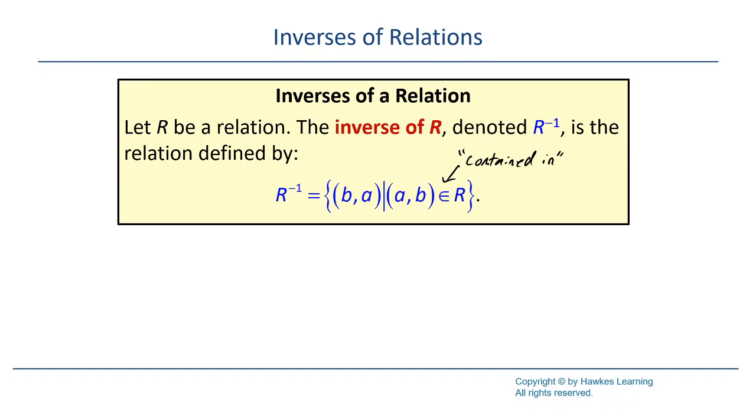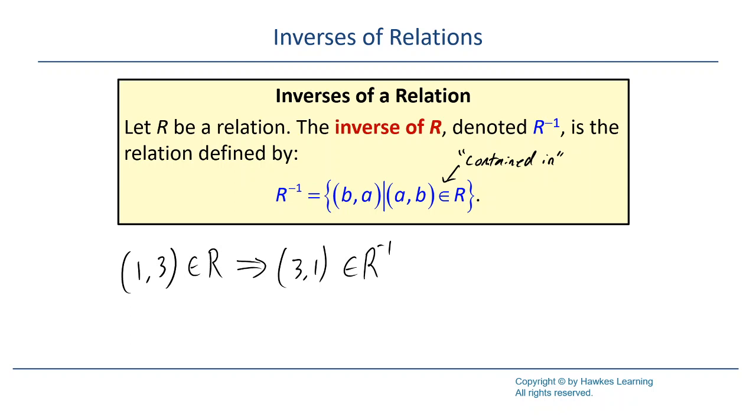So the inverse of a relation just means that you take your ordered pairs and you swap the order. If (1, 3) was in the relation, then (3, 1) will be in the inverse relation. Something simple like that.